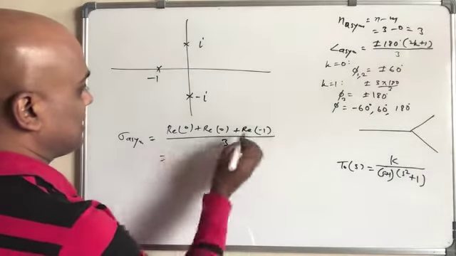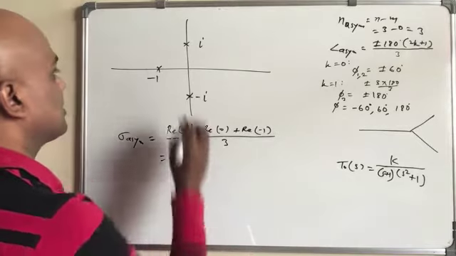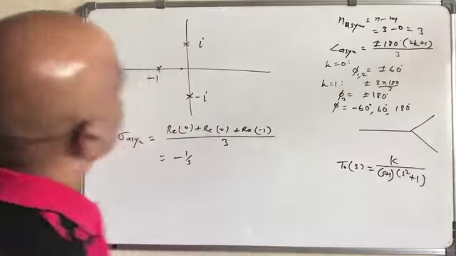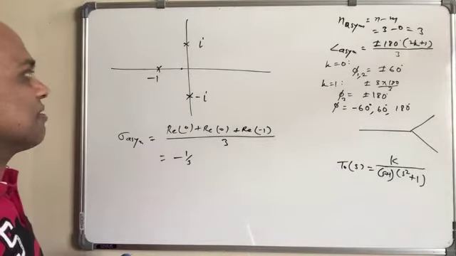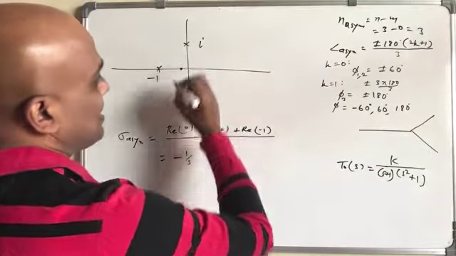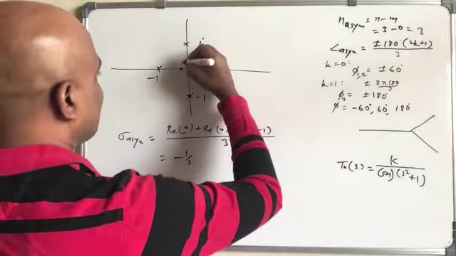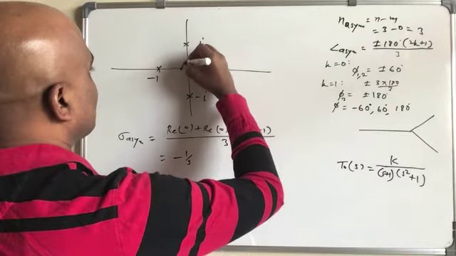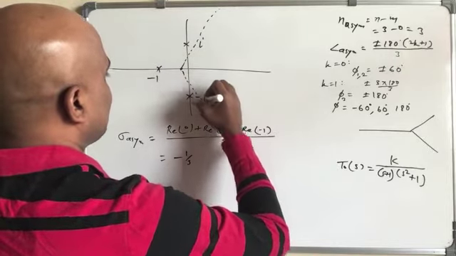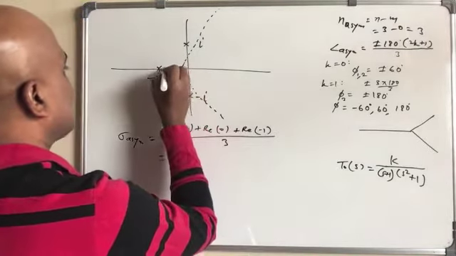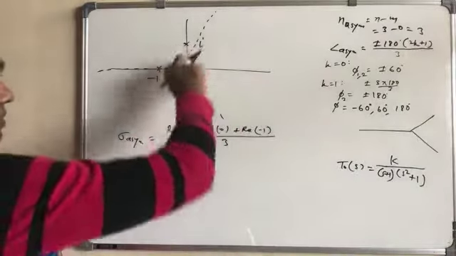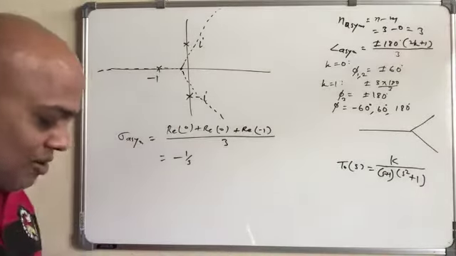So we get minus 1 over 3. So somewhere here is going to be the point from where it is originating, and at what angle it is originating. So plus 60 degree, minus 60 degree, and 180 degree, like this. So this shows you the asymptotes now.